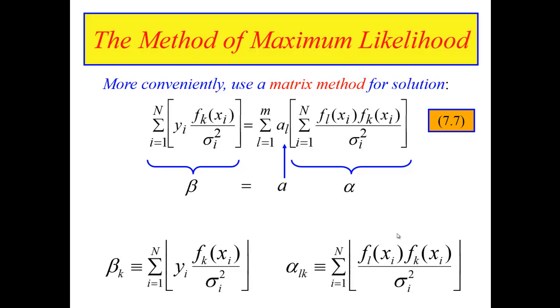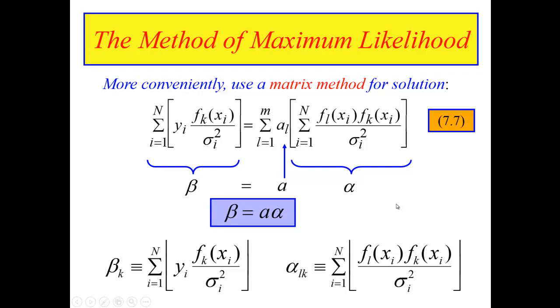So in matrix form, we can write this as the beta matrix is determined by the A matrix for the coefficients multiplied by the square matrix alpha that comes from this term here.